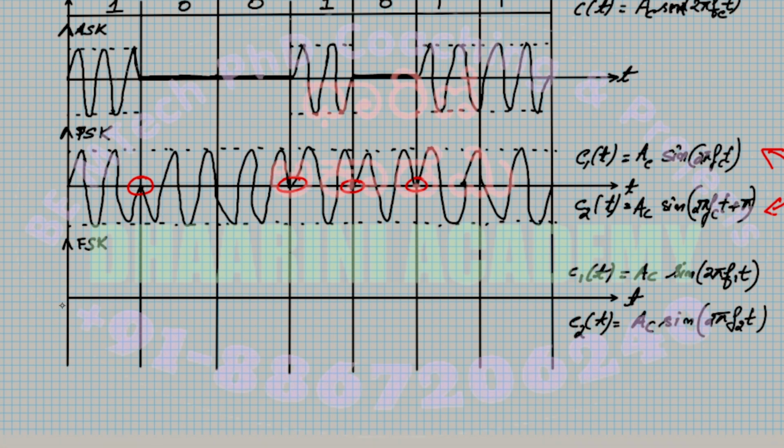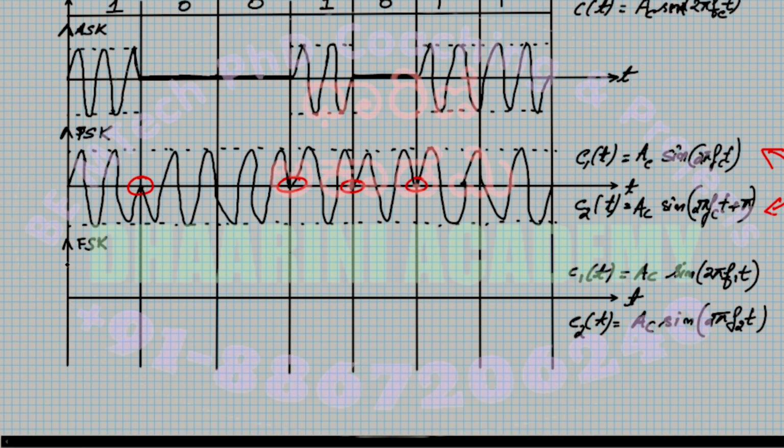Right. So let me draw accordingly. Whenever I'm sending 1, let me use a high frequency signal. When I want to send 0, I'll use a slightly lower frequency. Okay, let's say F1 is bigger, F2 is smaller.